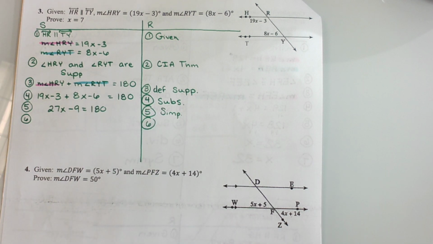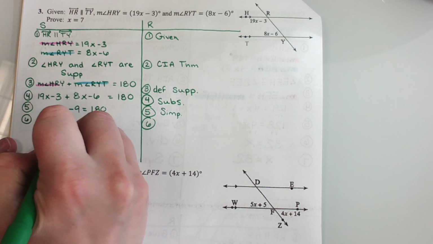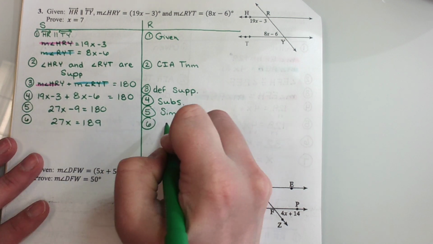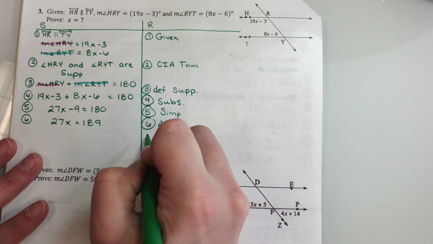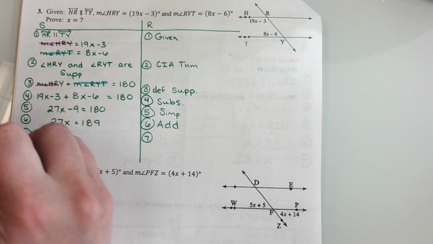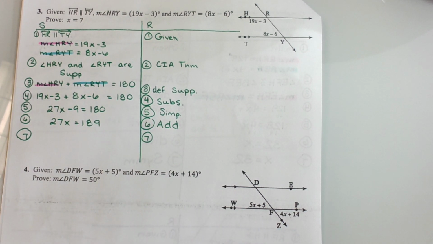Ava, now what? 27x equals 189. And you said that was adding, and I agree. Haley, Bagan. I got 27x equals 189. How do I finish it?